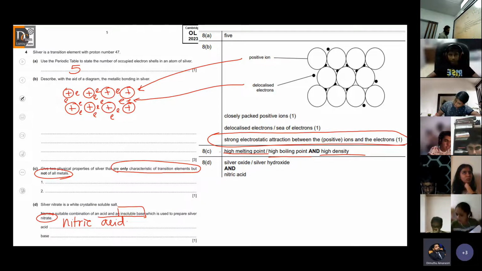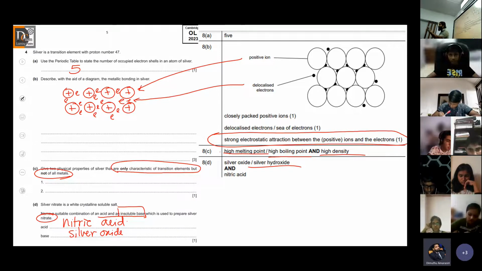So silver oxide, silver hydroxide. Look, they have not considered silver carbonate. Carbonates are not bases. Carbonates are basic salts.